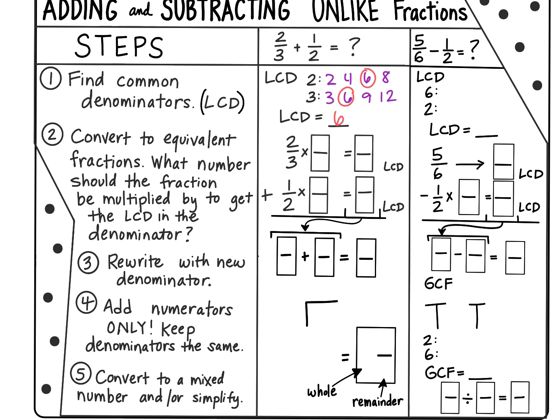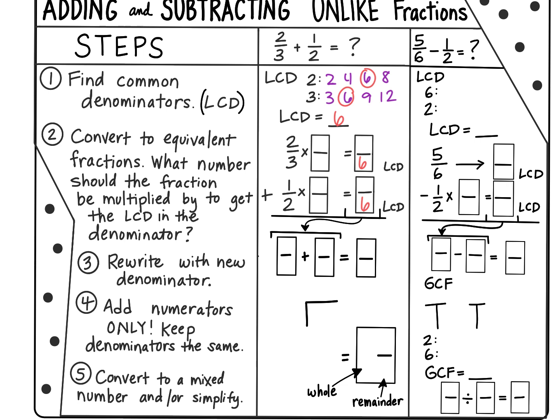So I'm going to rewrite my fractions so that it is an equivalent fraction, which is why we did all that practice with equivalent fractions. Okay, I'm going to rewrite these fractions so that 6 is now my denominator. So how do I get to my new fraction where I have 6 as a denominator?